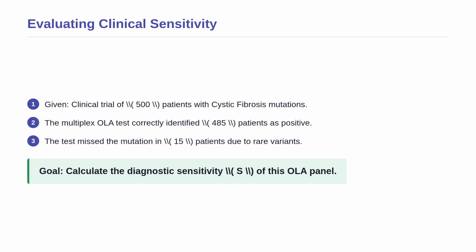The test correctly identified 485 patients as positive. However, it missed the mutation in 15 patients due to rare genetic variants. We are asked to calculate the diagnostic sensitivity of this panel. We will use the sensitivity formula, identifying the true positives and false negatives to evaluate the test's reliability.